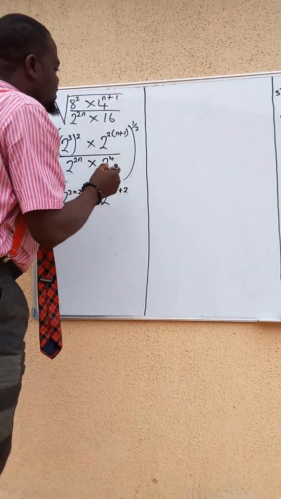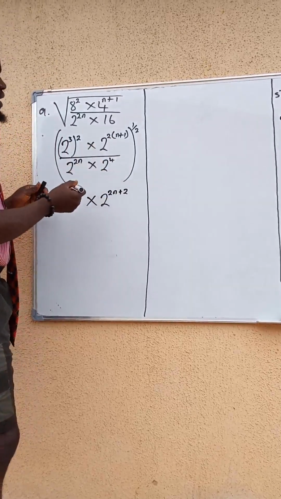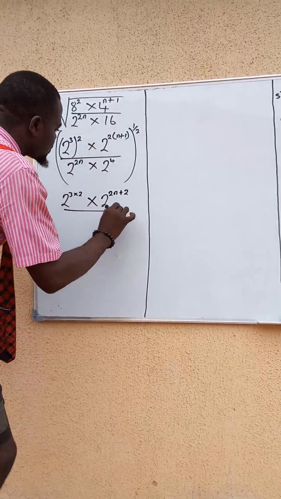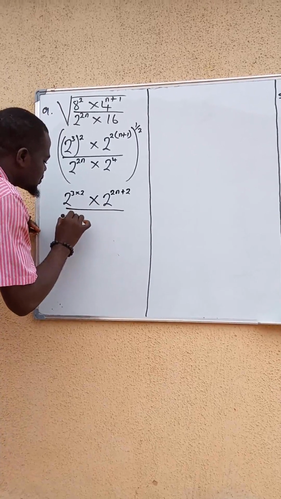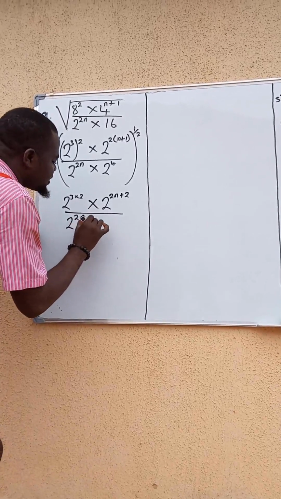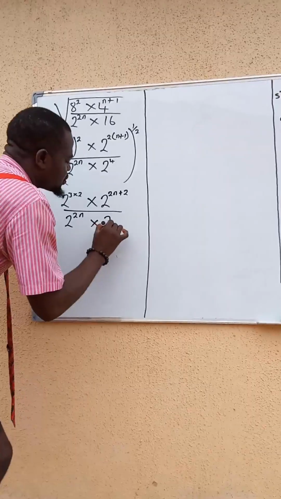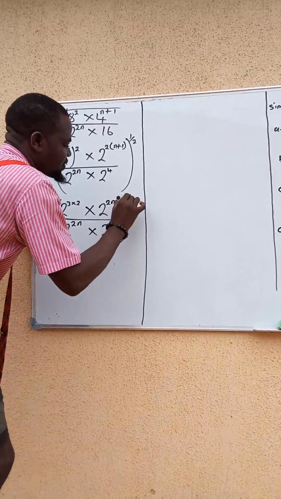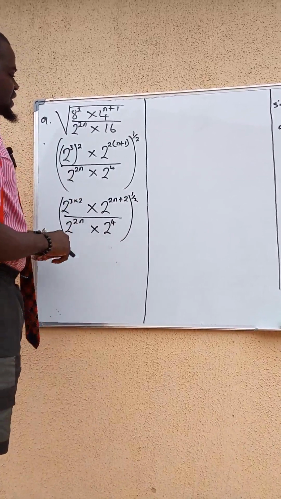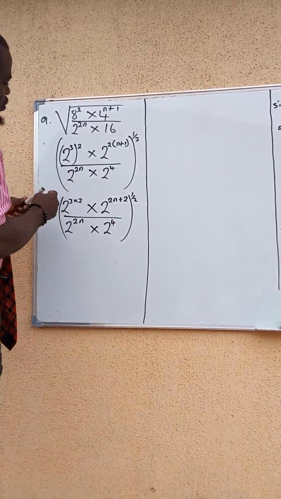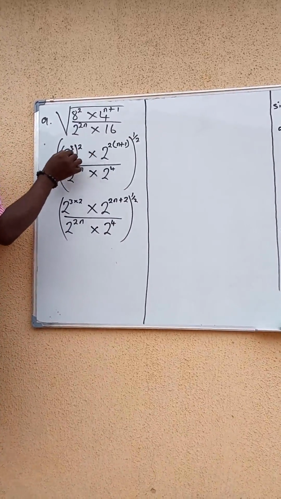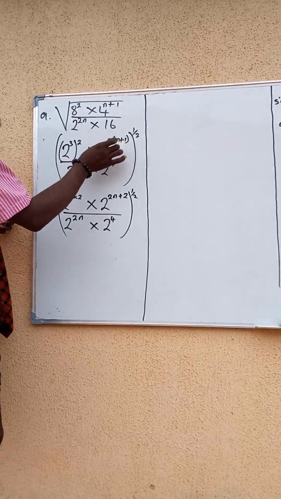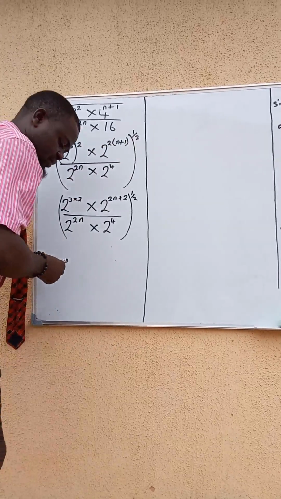That is 2 times n is 2n, 2 times 1 is 2, over 2 raised to the power of 2n times 2 raised to the power of 4. Don't forget, all raised to the power of half, that is 1 over 2. So according to the power law, two powers can multiply each other. This also can multiply together.